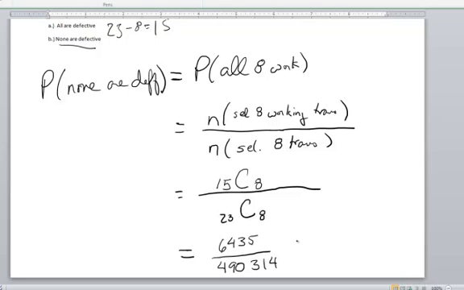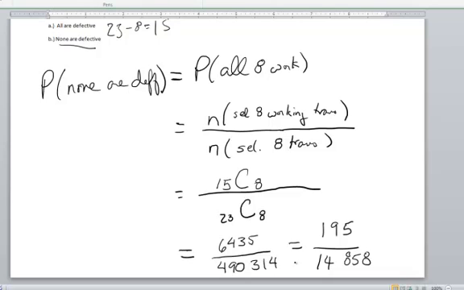Now MyMathLab wants to make sure that you reduce all of your fractions, so make sure you do so. In this case, I crunched these numbers by trying to divide various numbers into 490,314 and the numerator, and it came out to be 195 all over 14,858.